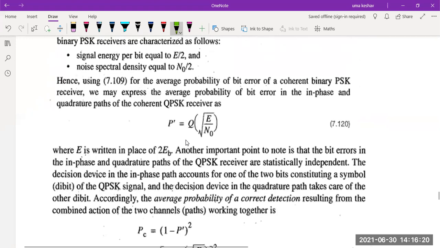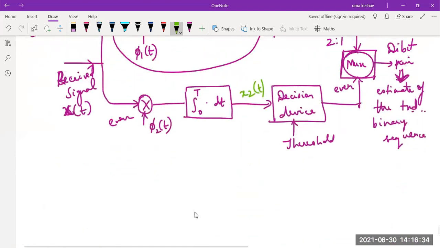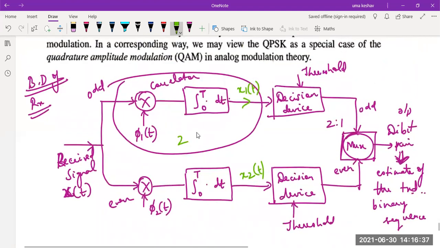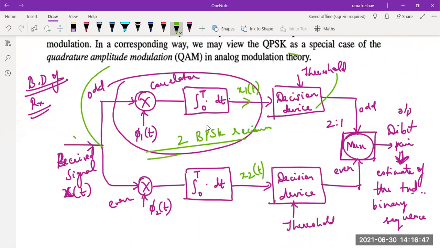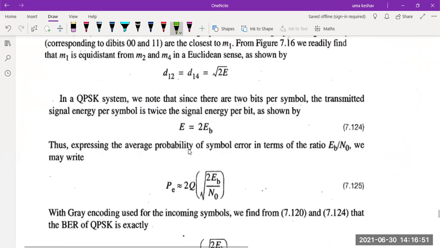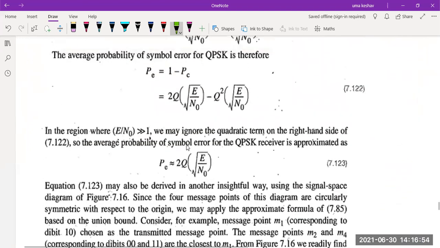Now, once we have this signal vector, the average bit error of a coherent binary PSK receiver. Remember, QPSK constitutes 2 BPSK receivers. Each of these represents one BPSK receiver. If I have 2 such BPSK receivers in parallel, that gives me a QPSK receiver.